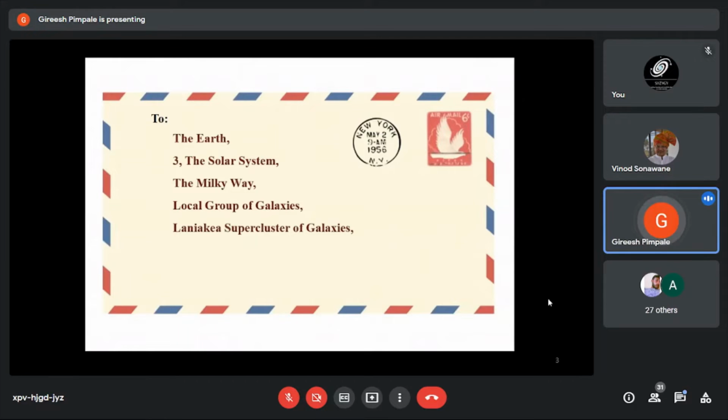That is further a part of some cluster of galaxies, and many such superclusters make up this universe. So there are billions of objects in a single galaxy, and there are billions of such galaxies. That is the expanse of the universe.